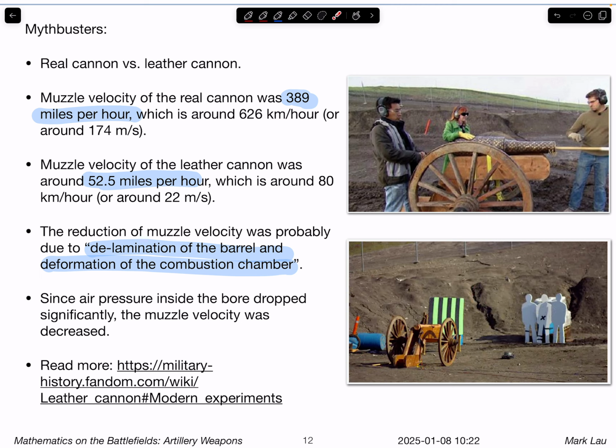Let me just ask GPT: reduction of muzzle velocity was due to delamination of the barrel and deformation of the combustion chamber. Explain.